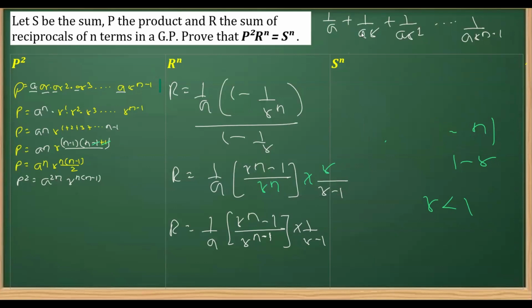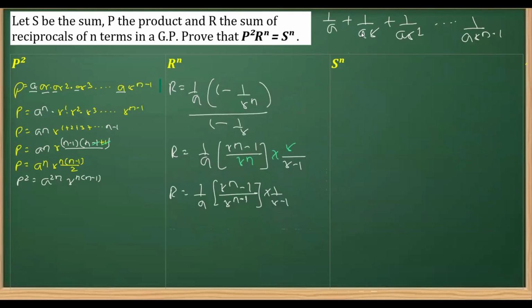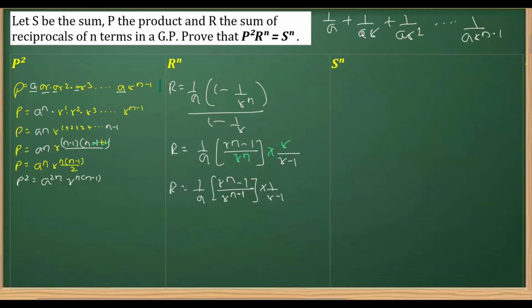Once we have got this, next is what? To obtain r raised to the power n. So getting r raised to the power n means what? We are going to place an n power. So r raised to the power n is what? Wherever, with every term, I'm going to place an n power. So this is n over this.